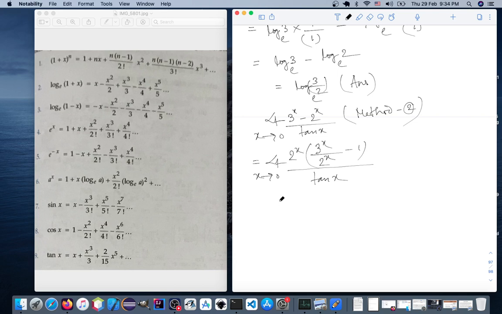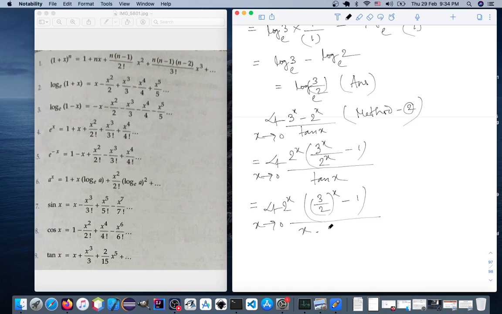So now this becomes 2 to the power x, and this is 3 by 2 to the power x minus 1, and we have here tan x, but I would like to have x here so that I can use the standard result a to the power x minus 1 by x, where over here a is 3 by 2.